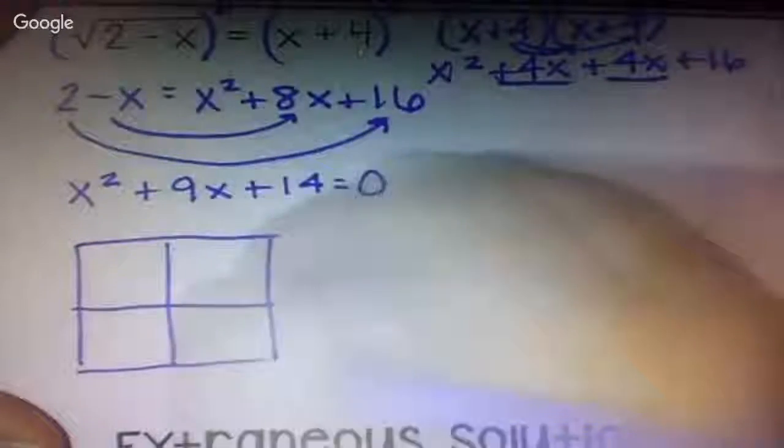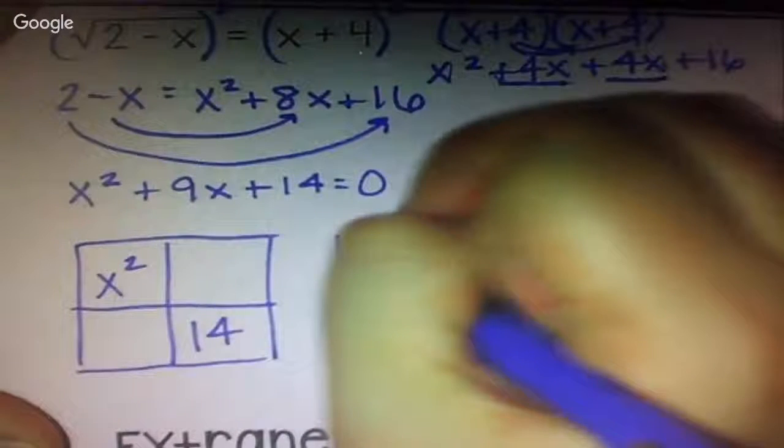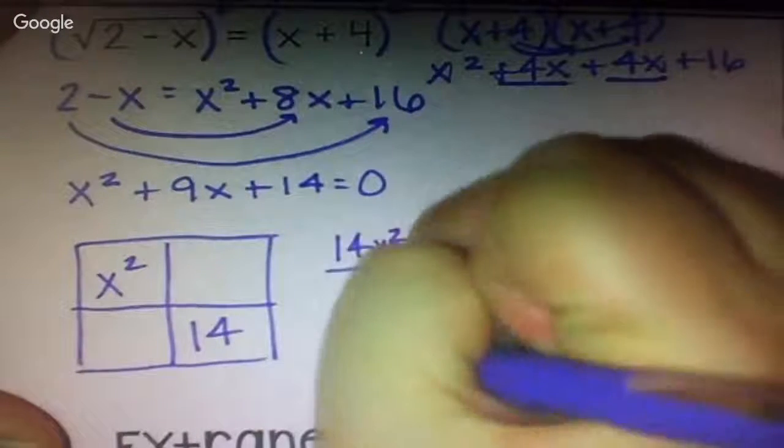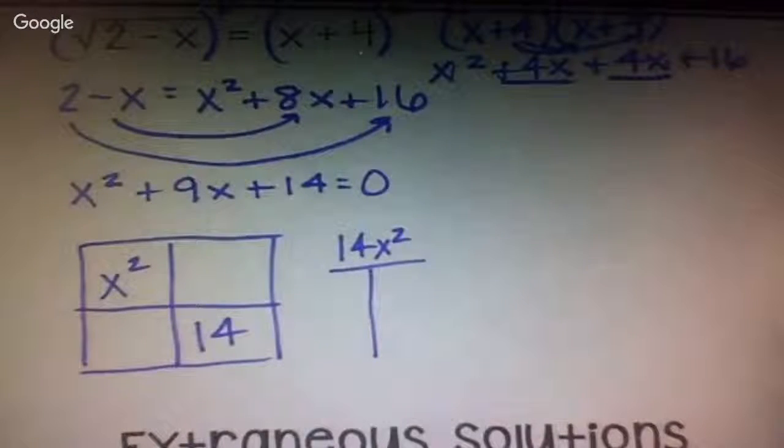All right, here we go. So x squared here, and 14 here. What two numbers are going to multiply to give me 14 that will add together to give me 9? 7 and 2.